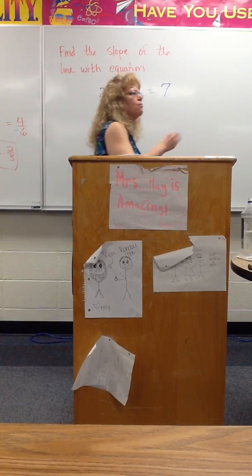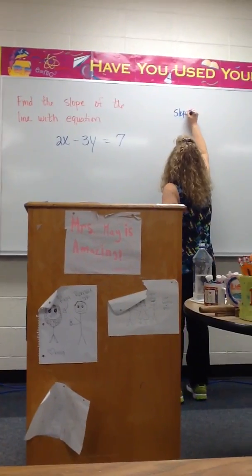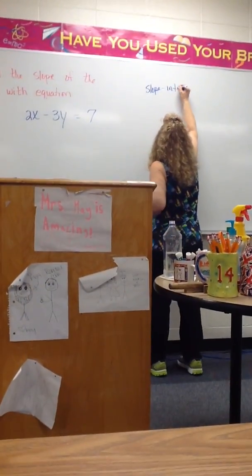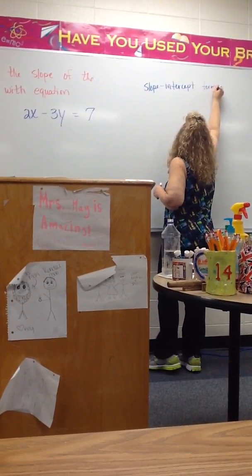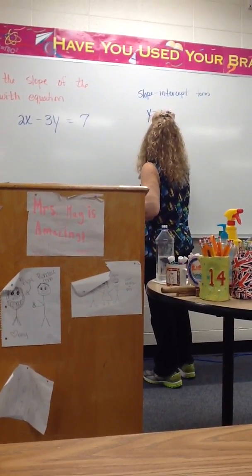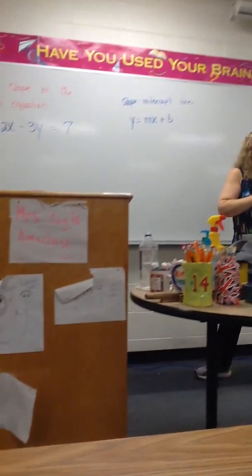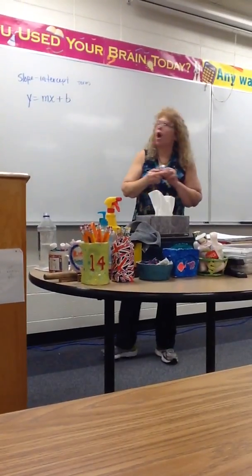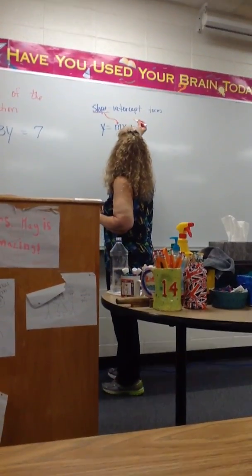Do you see over there I wrote the slope-intercept form? I guess I could write it again for you. It's y equals mx plus b. In slope-intercept form, the reason it's called slope-intercept form, the slope is the value out in front of x.